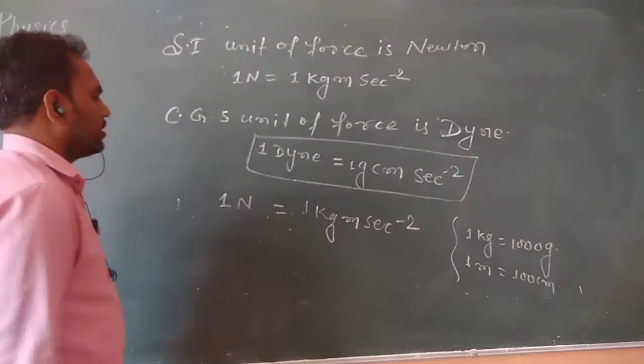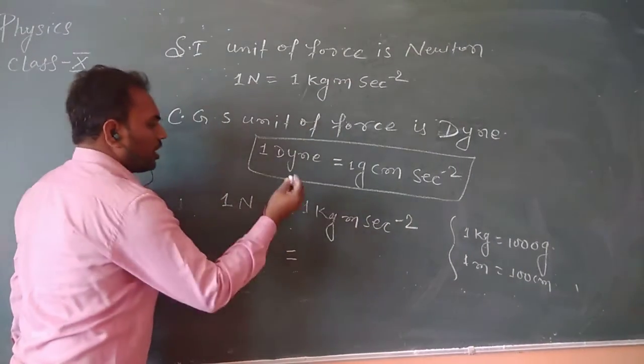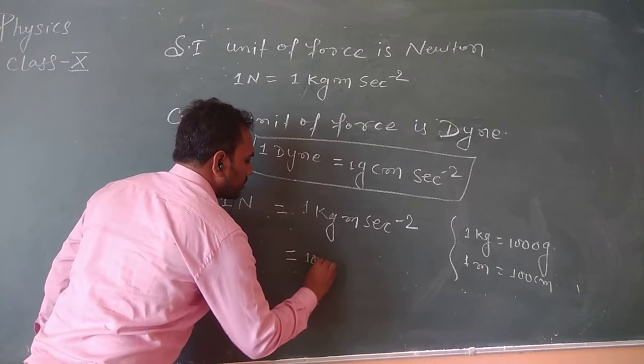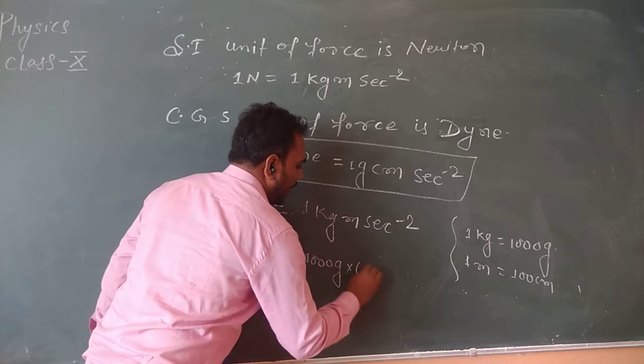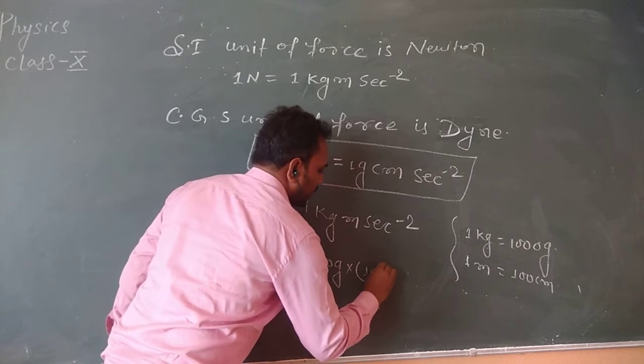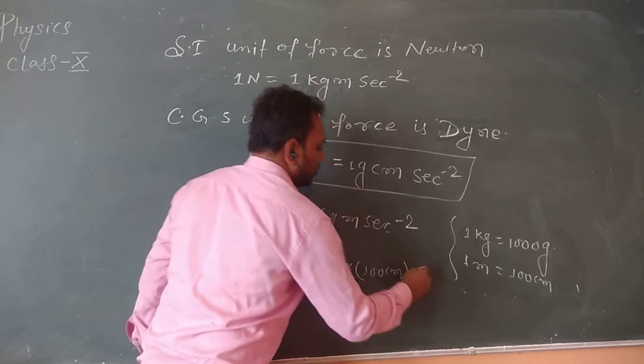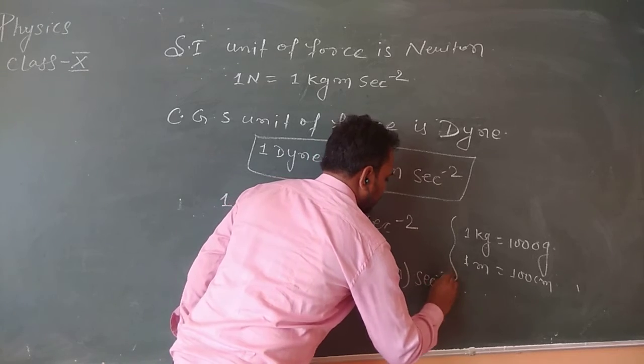So we will put it in this formula: 1000 gram into 100 centimeter into second inverse.